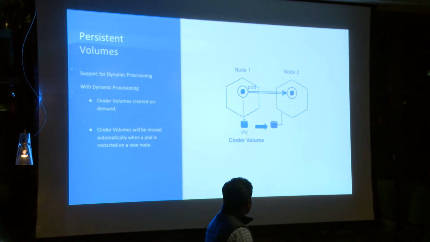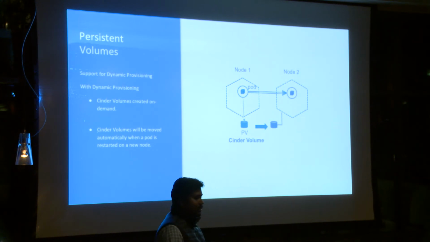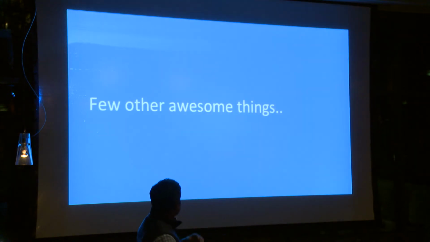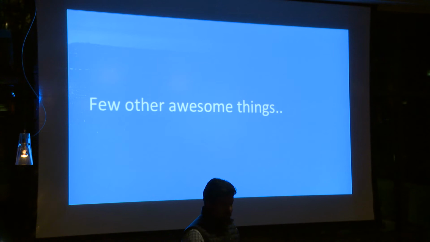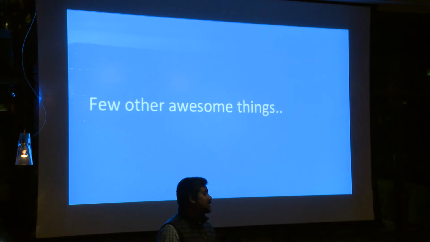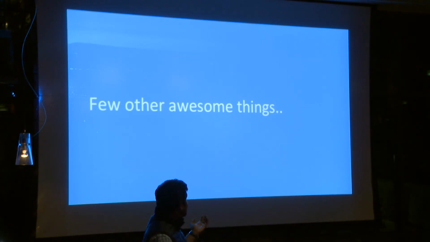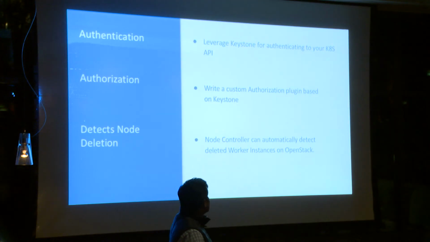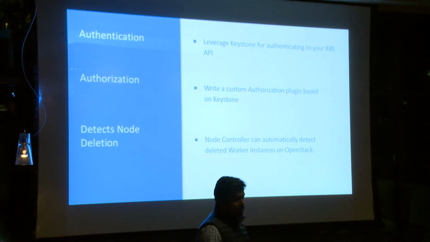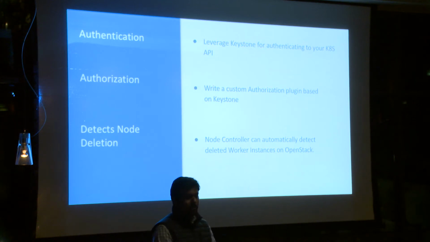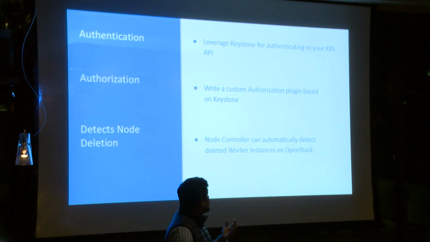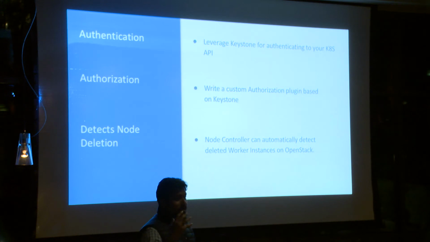So we looked at that, and these are some of the highlights of it. But there are also a few other awesome things that you could do with this specific stack. You could leverage Keystone for your authentication purposes. So if you have set up Keystone once with LDAP or whatever backend it is, you could use the same for your authentication for your Kubernetes cluster as well.